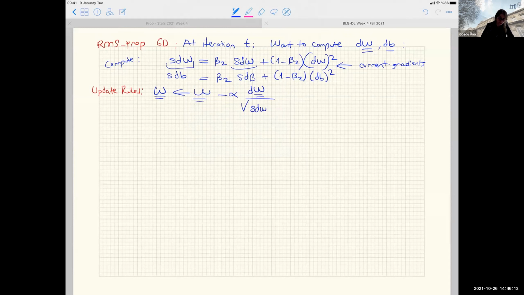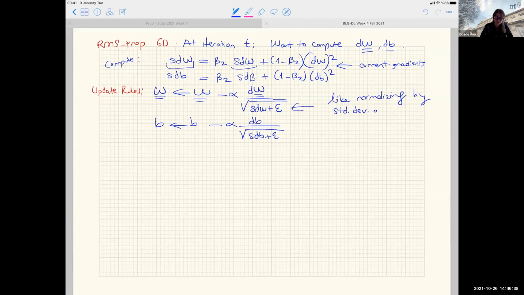Now SdW, of course, is in the denominator, so it's always good to add an epsilon. And now do the same for b, the bias term. These are really normalizing my gradient, you see, by the standard deviation of the gradient.